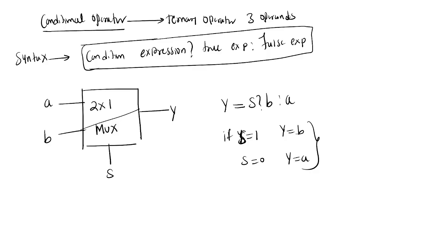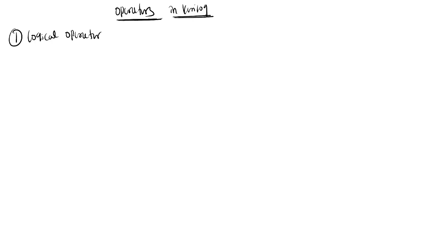So these are the operators we discussed. In a glance, what are the operators we have in Verilog? First, the logical operators: AND operator, OR operator, and NOT operator.